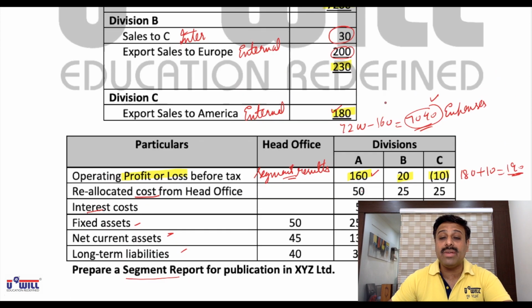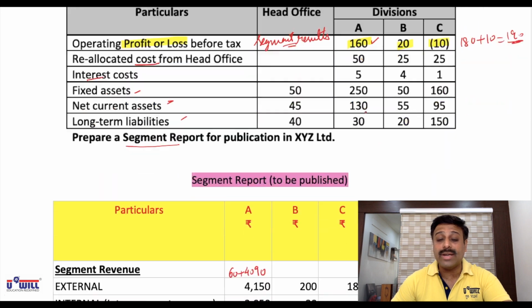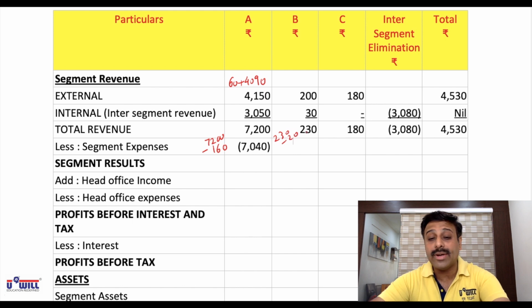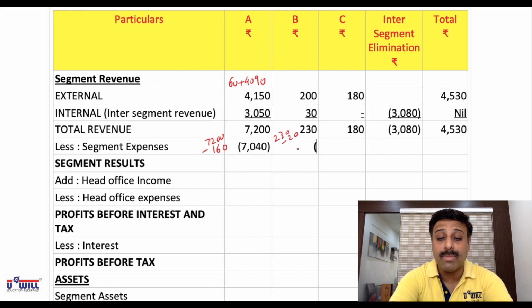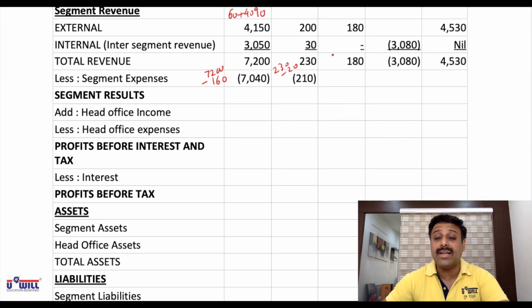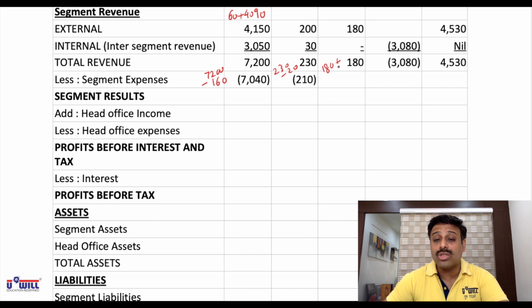Same way for division B, 230 minus 20, that would come to 210. And for division C, as I said, it's a loss, so it will become 180 plus 10, 190. What we are supposed to eliminate here is 190.